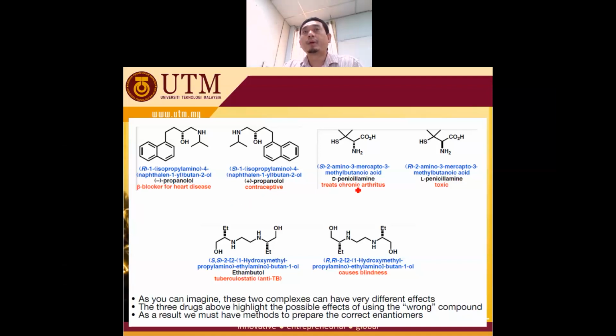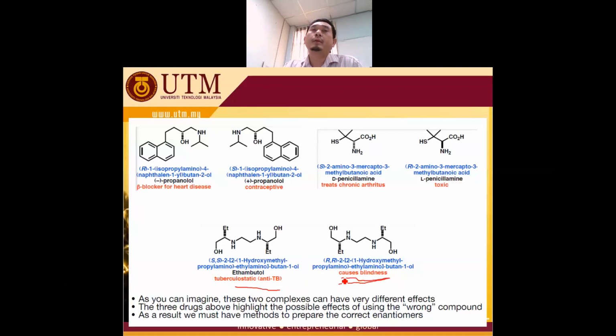So you can look at this example: the structure is almost the same, except for one point that differs, the stereoisomer. Like this one is SS, this one is RR. SS is used as an anti-tuberculostatic, or anti-TB, but RR causes blindness.